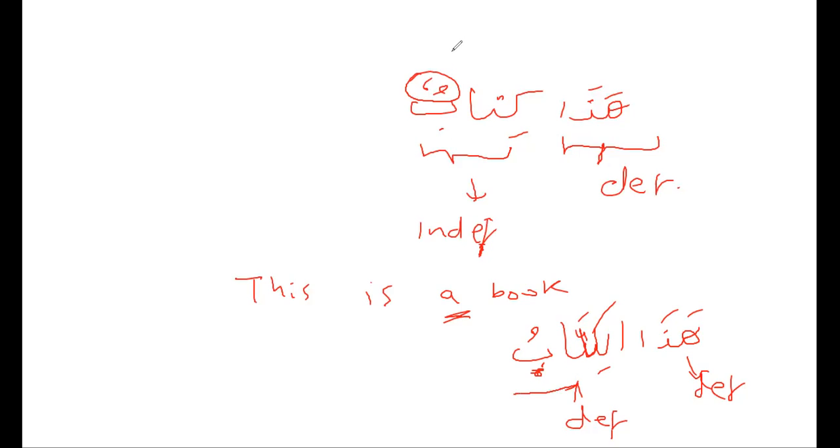So you're saying this book. You're not saying this is a book. You're saying haza is the noun, and then you're describing what this is because you're pointing to this. Then al-kitab becomes like an adjective to explain further, this book.